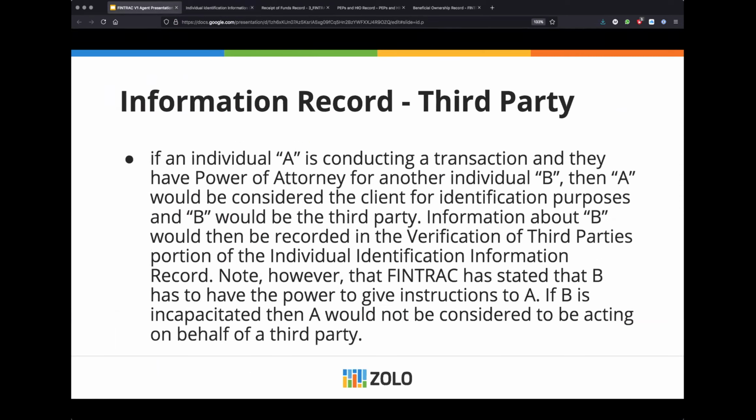Information about B would then be recorded in the verification of third parties portion of the individual identification information record. Note that Fintrac has stated that B has to have the power to give instructions to A. If B is incapacitated, then A would not be considered to be acting on behalf of a third party.